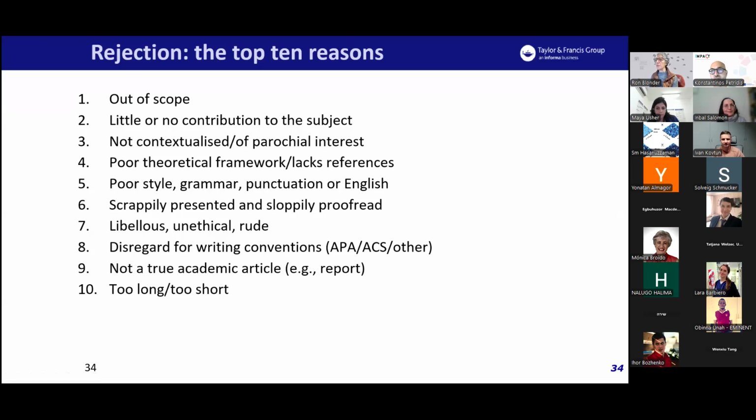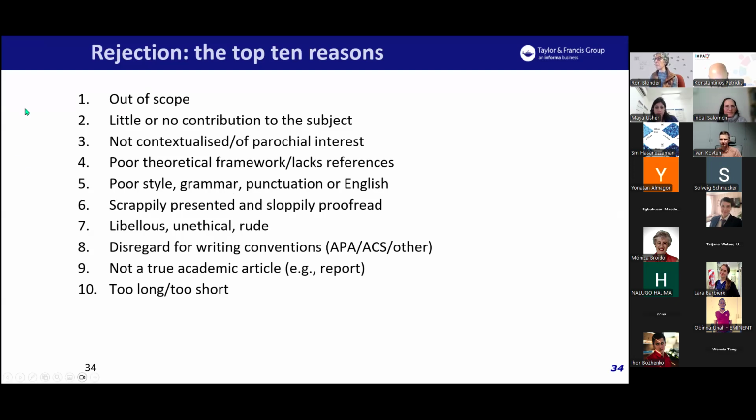Okay, so here I listed the 10 most common reasons to be rejected. First one is out of scope. This is really easy. When a paper is out of scope, we reject it without review, okay? It's usually very fast.